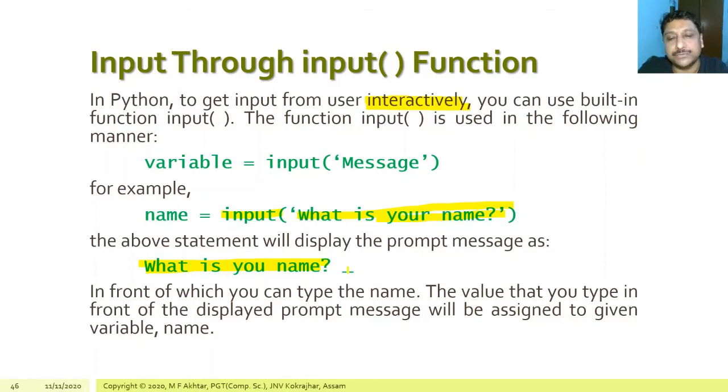Whatever text you type here will be stored in this variable, the name variable. By using this process, we can take input interactively during program execution. The value that you type in front of the displayed message is assigned to the given variable name. Suppose you type Rahul here and press enter, then this text will be stored in the name variable, just like name equals Rahul.